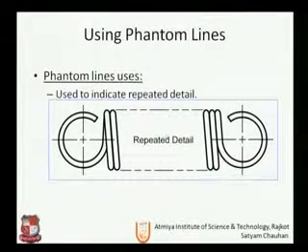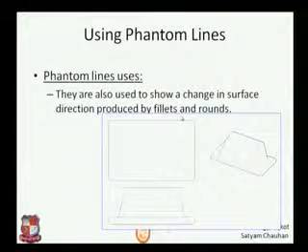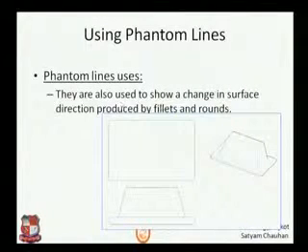Now the use of the phantom line, which we use to indicate repeated details. We use the phantom line to repeat the object, to show the repetition, and also to show a change in a surface as shown here.